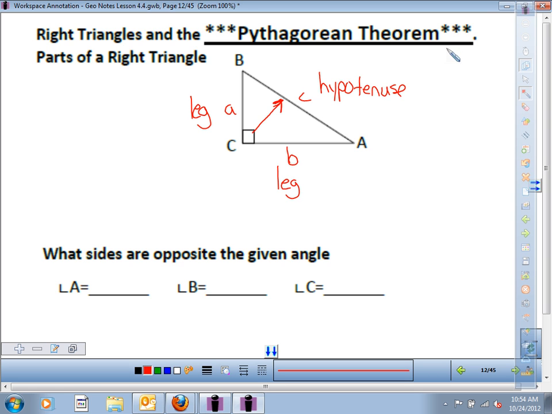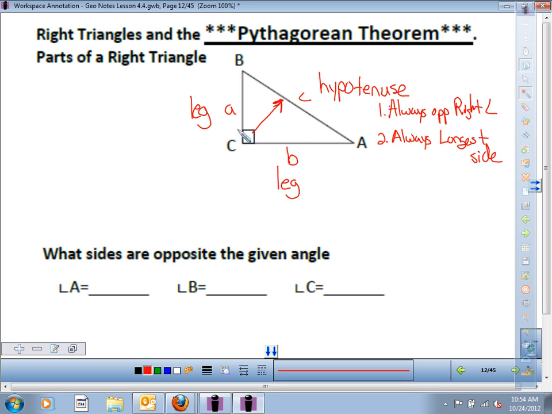Now a couple things about that hypotenuse. It's always opposite the right angle. It's always across from that right angle. The other thing is, if we have a right triangle, that hypotenuse is always the longest side of that right triangle.